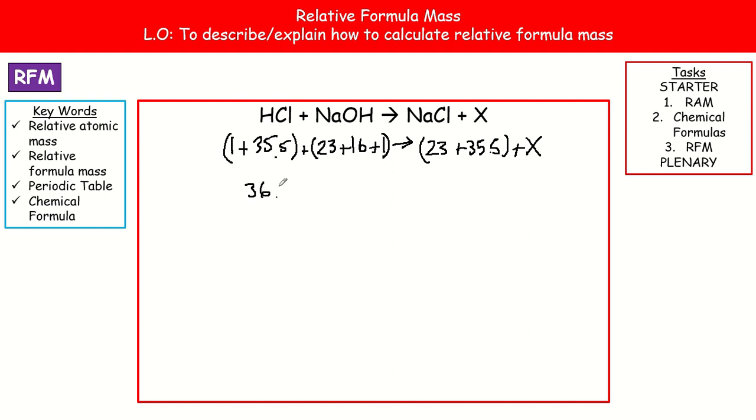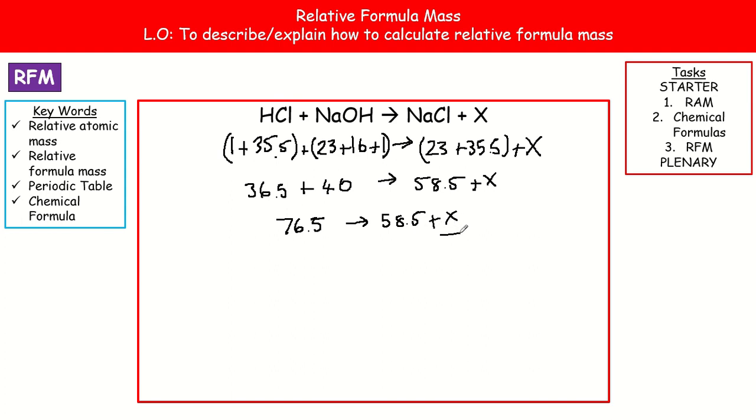So that's going to be 36.5, and we've got 23 plus 16 plus 1, that's 40, and we've over here got 58.5 plus our unknown X. So then we can work out this side here. So 36.5 plus 40 gives us 76.5. And on the other side, we've still got our 58.5 and X.